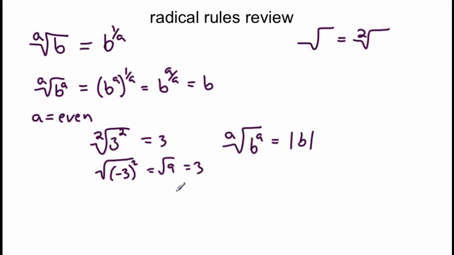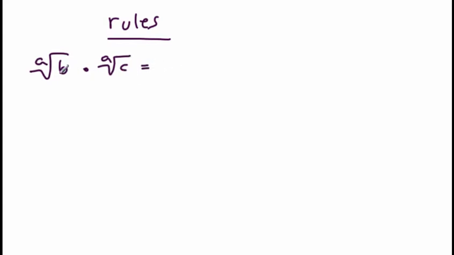Let's look at some other ideas. Let's make a fresh page here for real proper rules. So, some basic rules then. What if we have a radical that's being multiplied by a radical, and they have the same index? Well, this is going to be b to the 1 over a, and this is going to be c to the 1 over a, and from our rules of exponents, this was a distributed case of b times c all to the 1 over a.